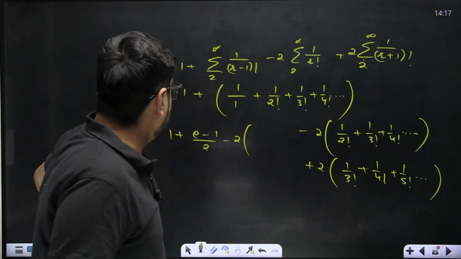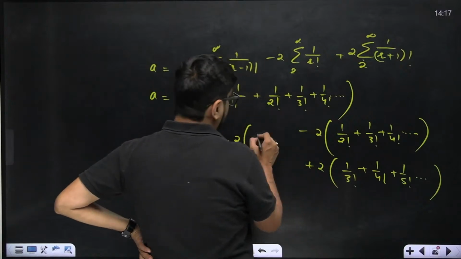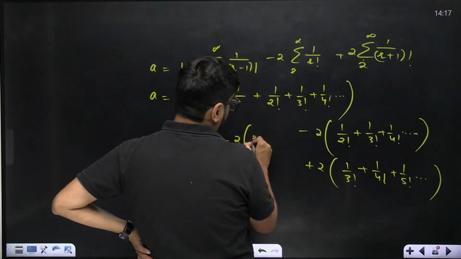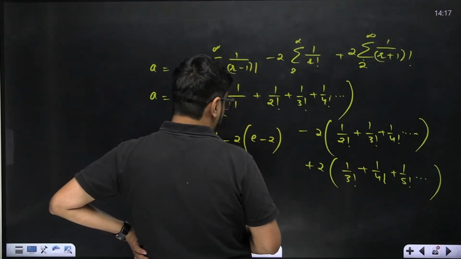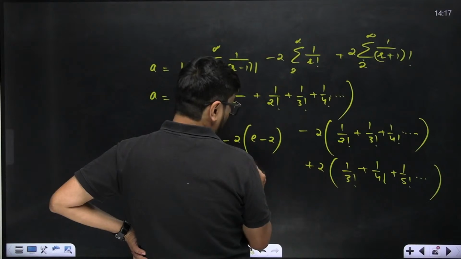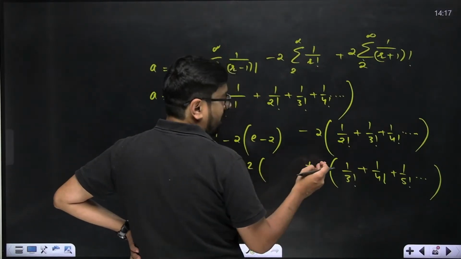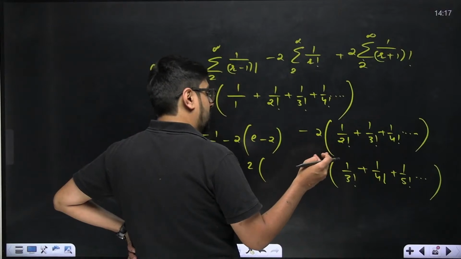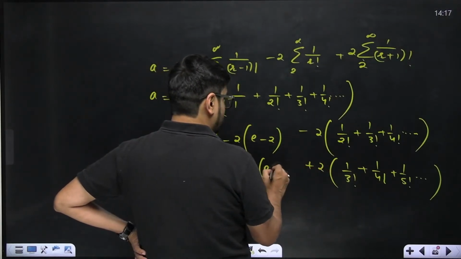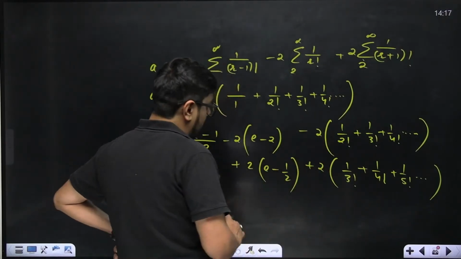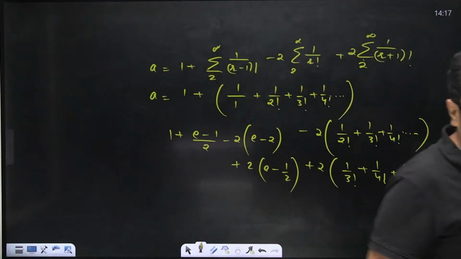Okay, so this will be 2 times e minus 2 plus 2 times e minus 2 minus 3, e minus 1 by 2, something like this. In terms of e only you have to break it.